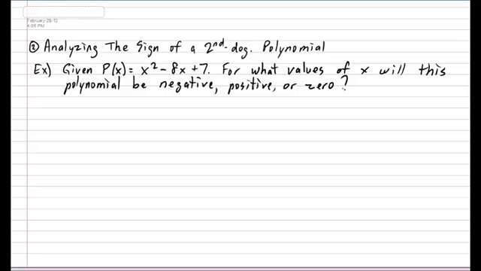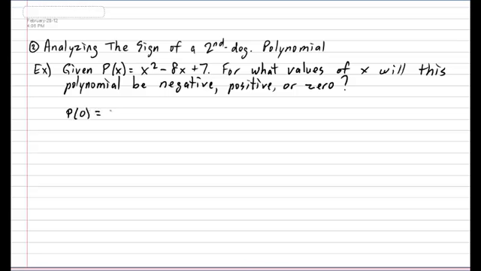Alright, as I did with analyzing the sign of a first degree polynomial, let's plug in some random values of x and see what happens. Let's start all the way at when x equals 0. So calculate the value of p when x is 0.